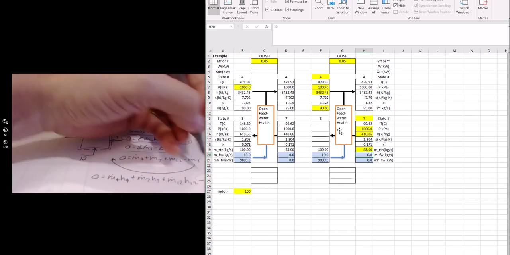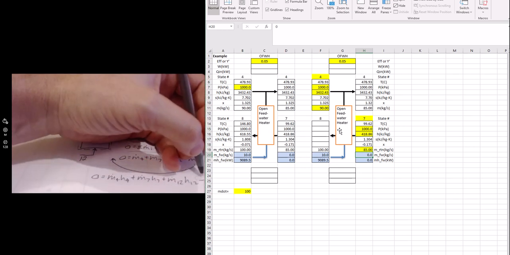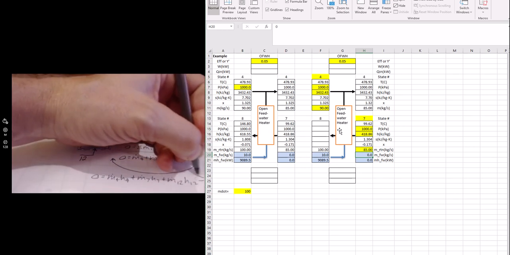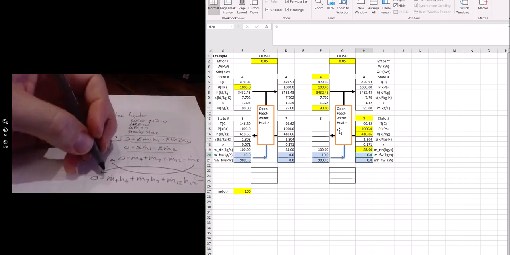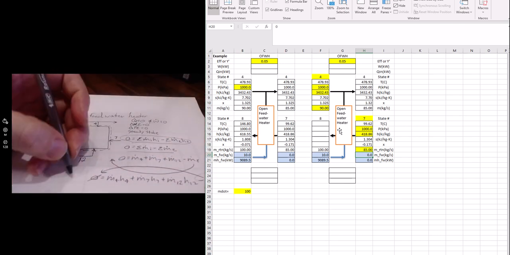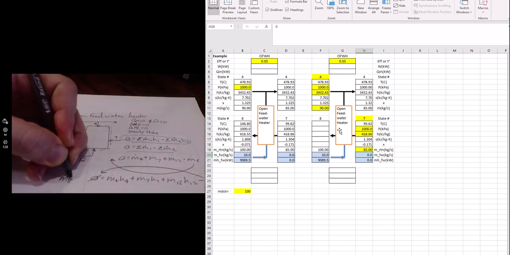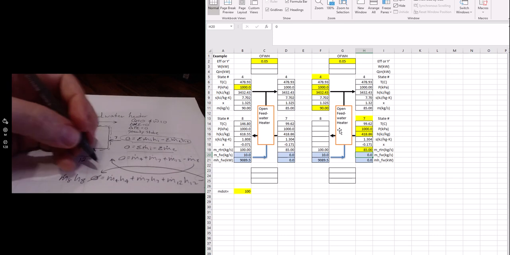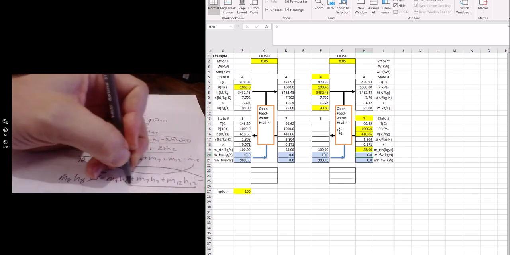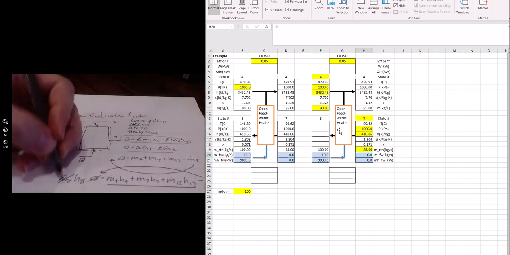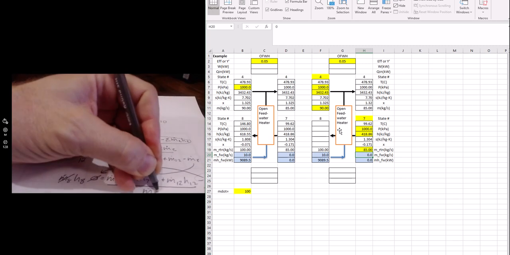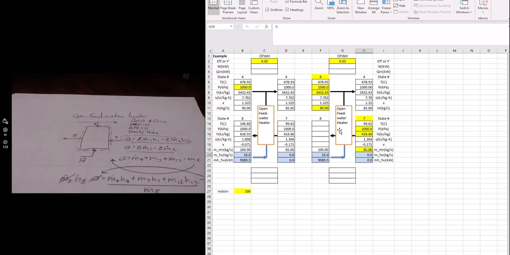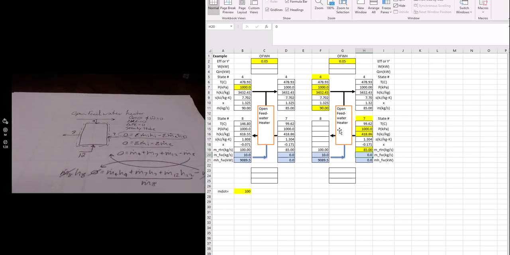And this is the one I'm trying to solve for. So I'm going to bring that term over to this side of the equation. So get rid of that and have m dot 8 H8. Then I'm going to divide this whole side of the equation by m dot 8. And I'll have my enthalpy for state 8.